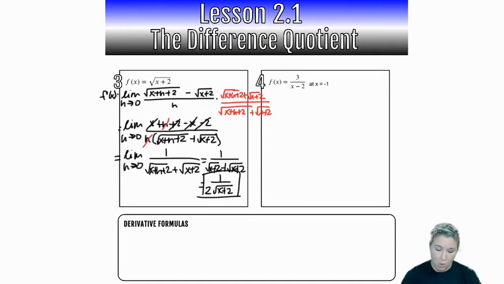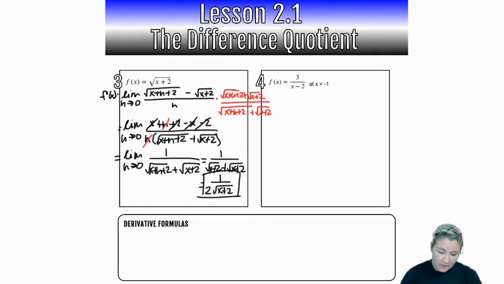That's the derivative. All right, so this time we're going to find the equation of the line. For example 4, we're going to find the equation of the tangent line when x is -1.